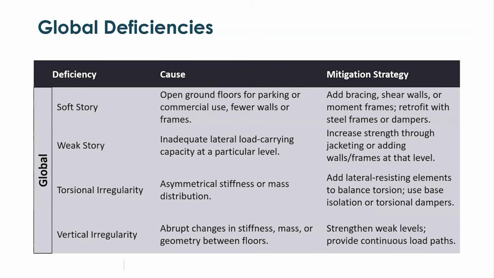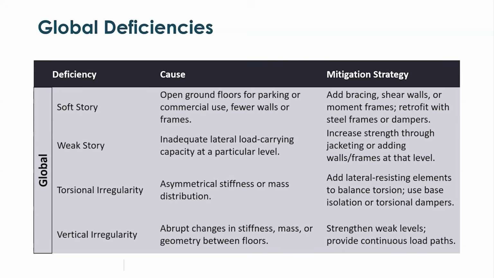So global deficiencies, for example soft story, weak story, torsional irregularity, vertical irregularity, we can look at all of them by adding mitigation strategies like bracing, jacketing, adding more resisting elements. Soft story, we can fix like that. Weak story, we can increase the strength through jacketing and so on.